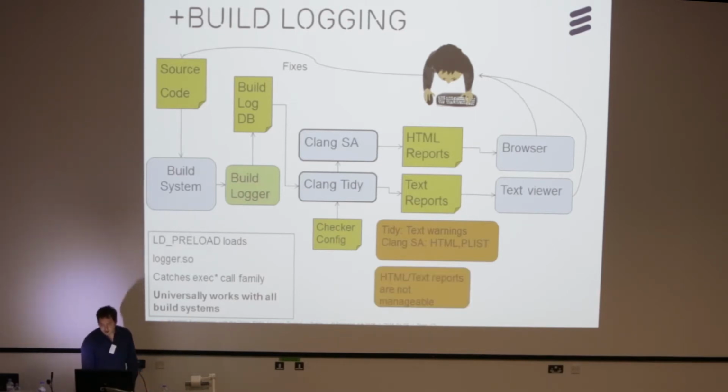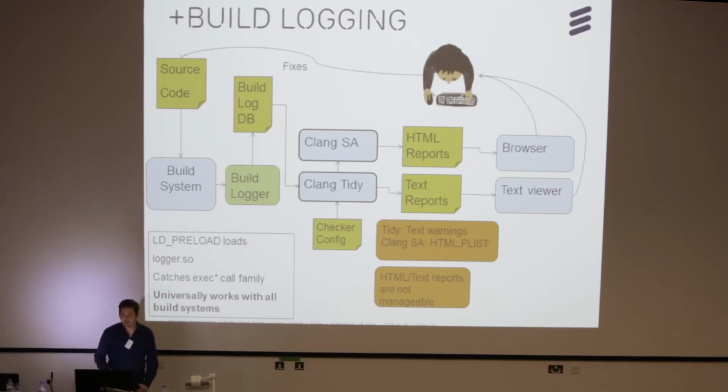Static HTML reports are not really manageable, because what we have from the Clang Static Analyzer is that if you have a bug in a header file, and that header file is included by many C files, then the HTML error report will be generated for every single include.